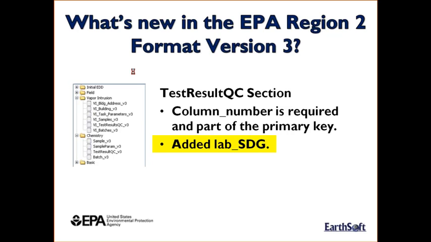When the field crews assign a sample delivery group in the field on their samples, that would be tracked at the sample level. When the data goes to the lab and the lab has to send it to another lab who specializes in a specific analysis, they would have a different SDG, so this allows you to track multiple SDGs for a sample, and again, that's at the test and result level.